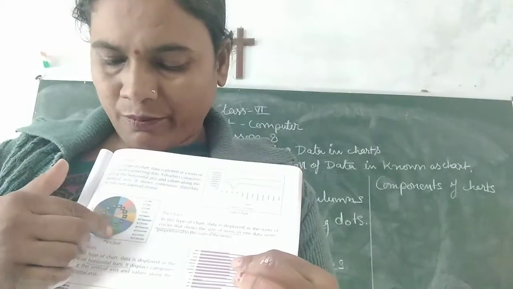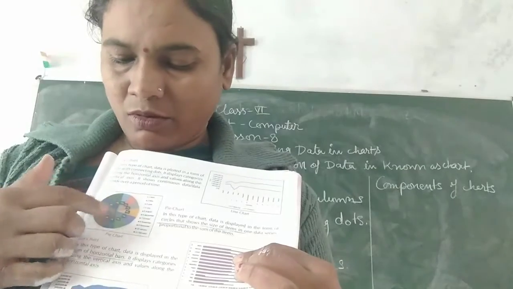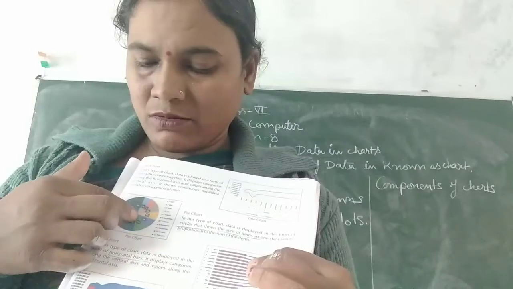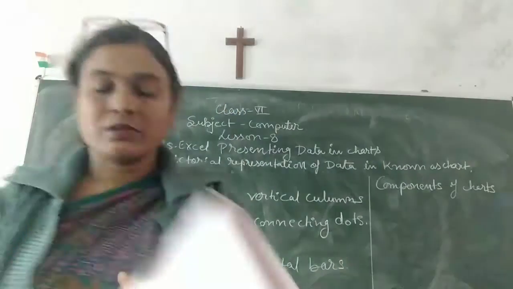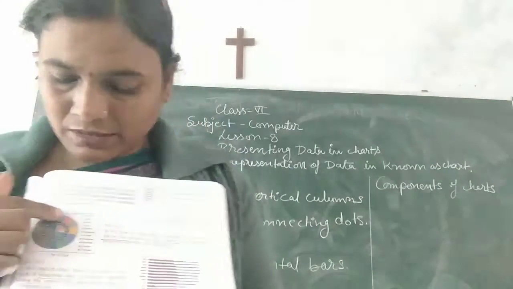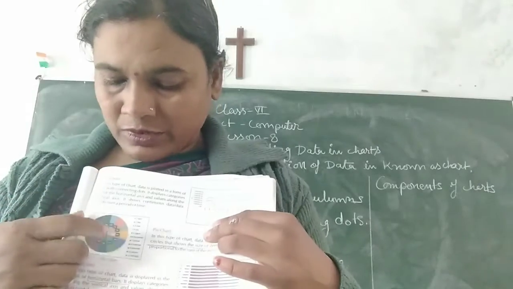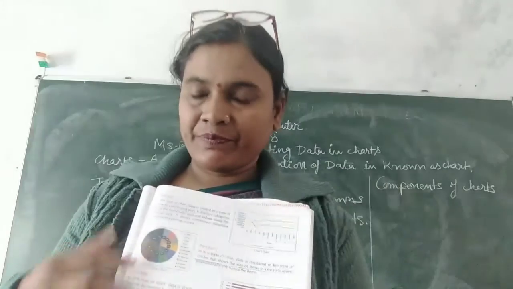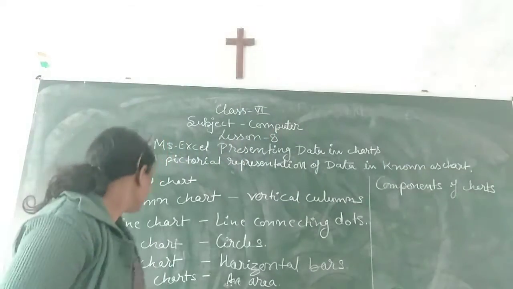These are the parts of the pie chart. All the triangles are known as data, and the size of the triangles depends upon the size of the data. Clear?